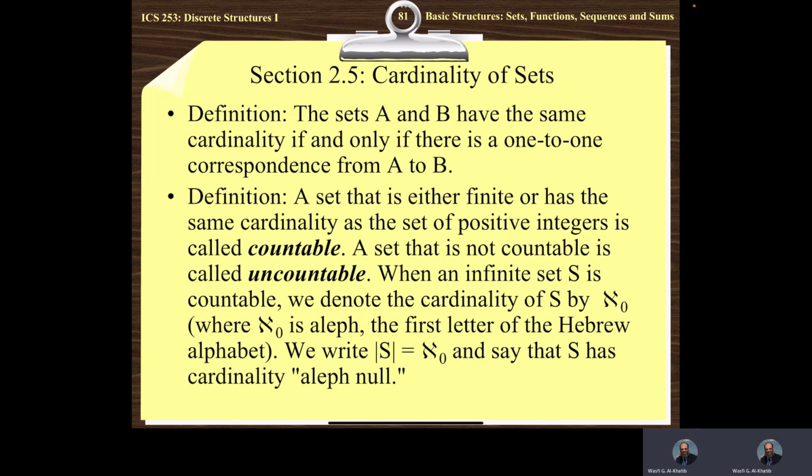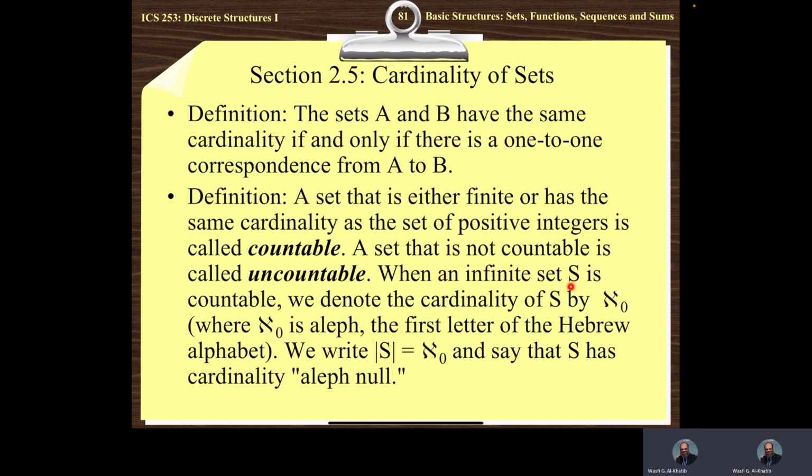Now let's come to the definition of a countable set. A set that is either finite or has the same cardinality as the set of positive integers, Z plus, is called countable. A set that is not countable is called uncountable.